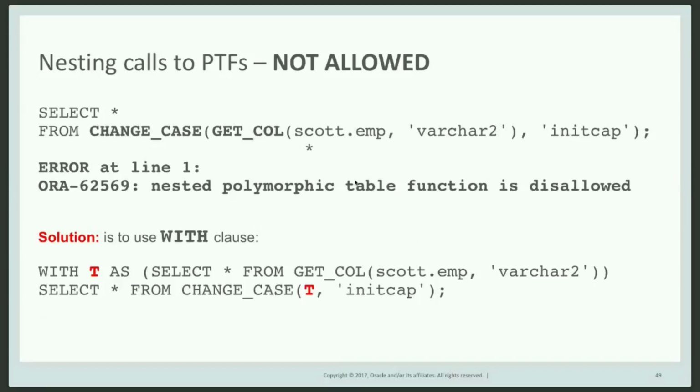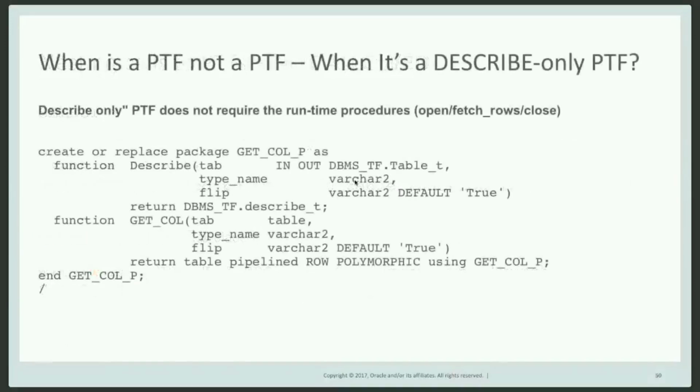So I've got a polymorphic table called change case and another called get call. How would that work? It won't. You're going to have to do it in two steps. It's not a huge issue, but it's just something to be aware of, and it's relatively simple because you just use the with clause.